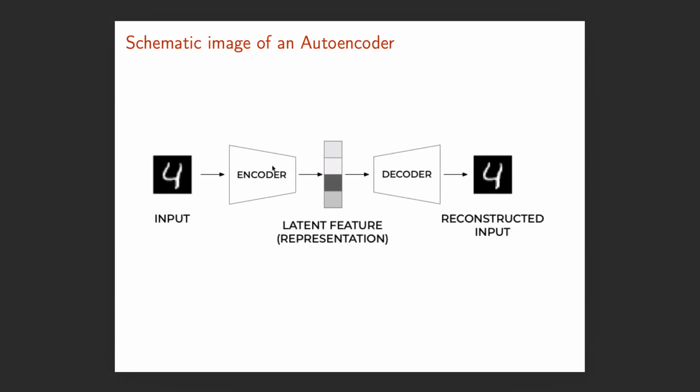And then obviously the hope is that the reconstructed input is the one which is as close as possible to what you fed in. So if you're looking at the MNIST data, the input are the numbers, the handwritten numbers, and the output are the handwritten numbers, but then reconstructed by you.